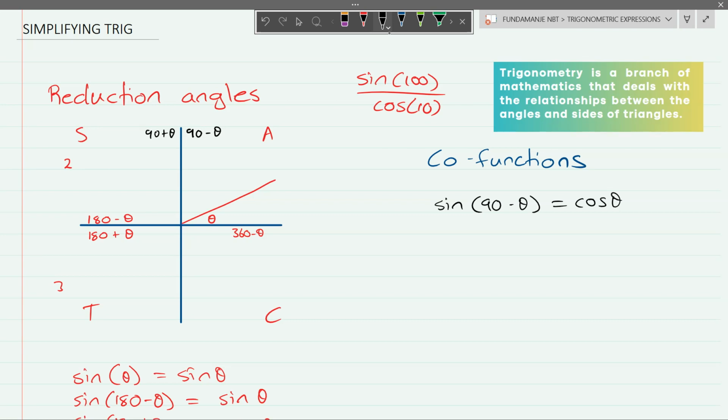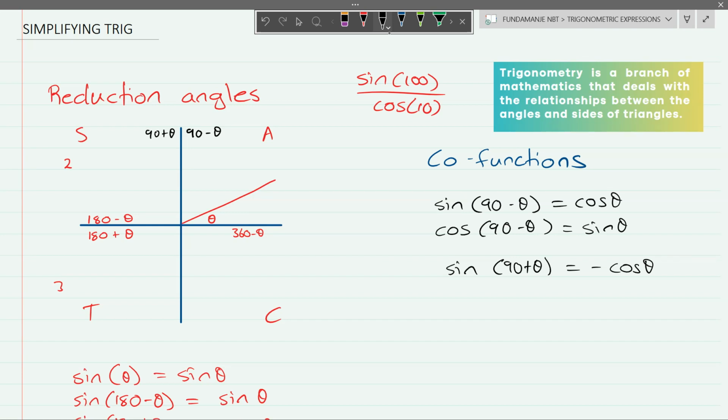We're not going to go into why that is the case, but just know that it is the case. Then cos of 90 minus theta will be sine theta. Then we have sine of 90 plus theta, which will be cos theta.